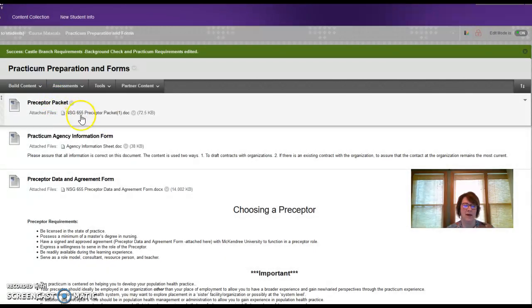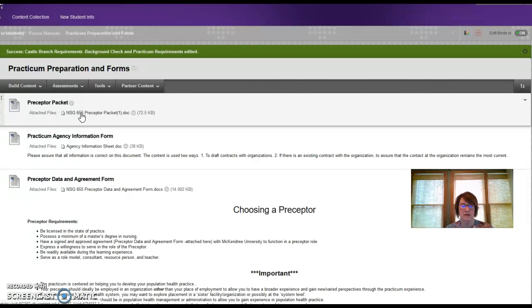So what we have in this particular section is the Preceptor Packet, and what this entails is absolutely everything that is sent to your preceptor prior to starting the practicum experience. It has an overview of the different requirements of the preceptor.